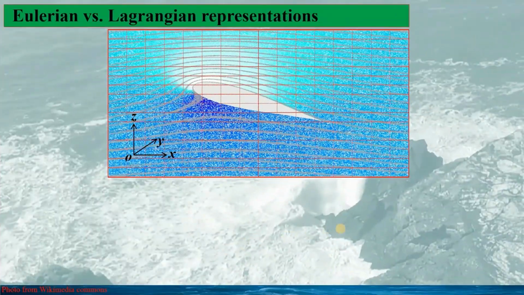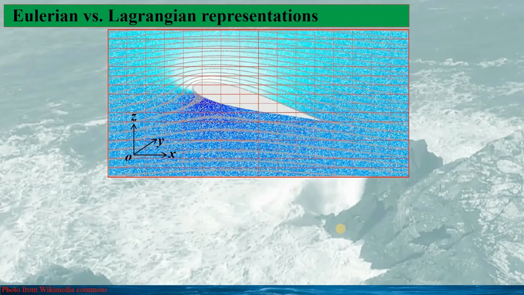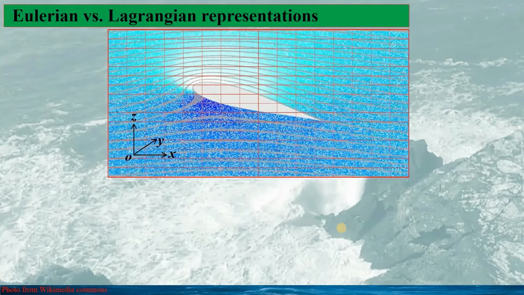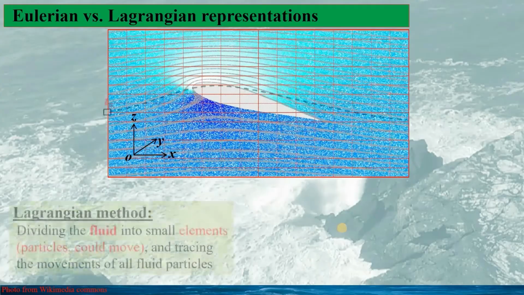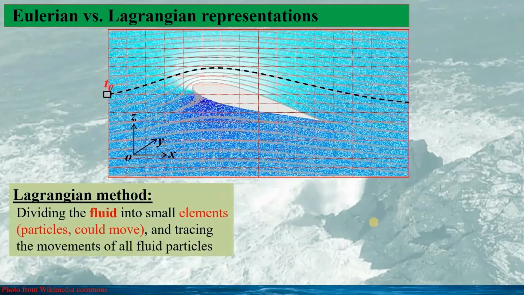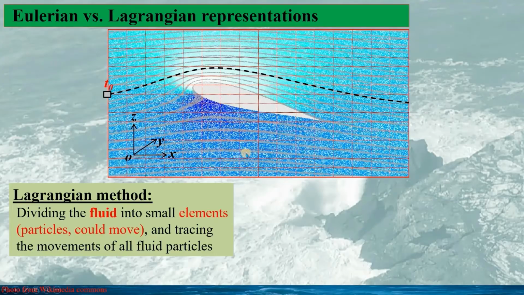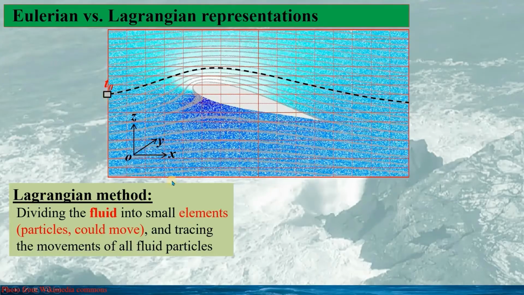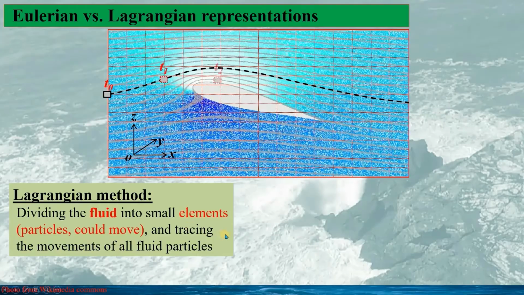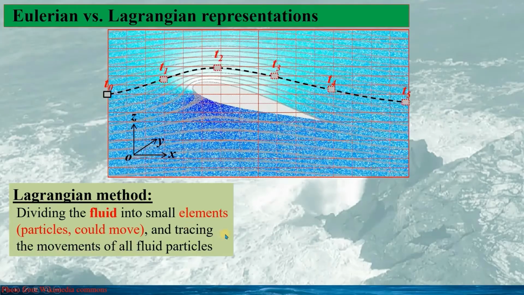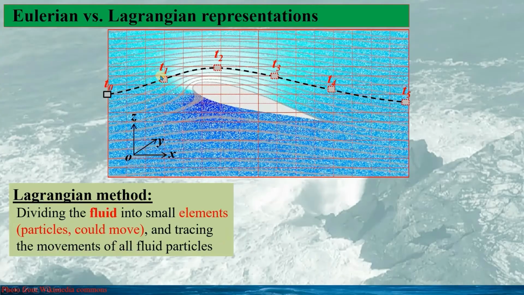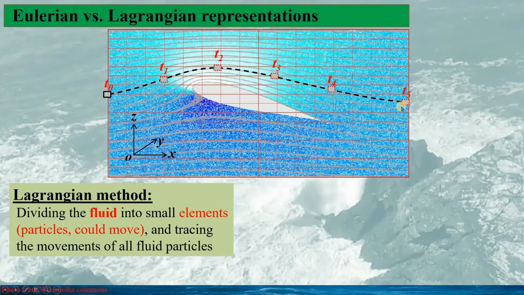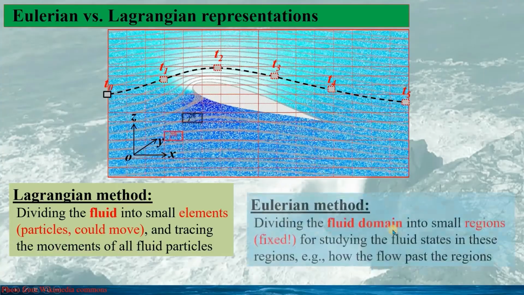Now in this slide, we will look at the difference between the Lagrangian representation and the Eulerian representation. In the Lagrangian method, we divide the fluid into elements, see this particle, and we chase the movement of all fluid particles, see the particle at different times moving in the fluid.